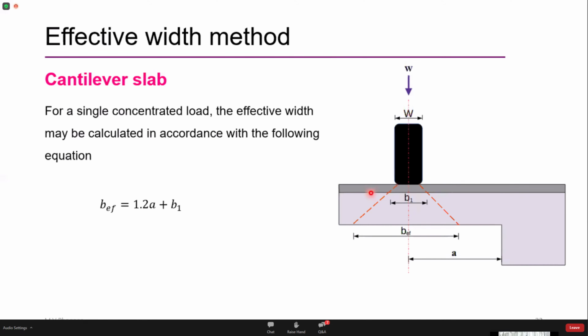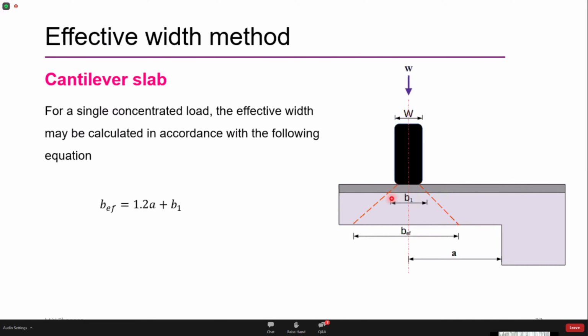So let's try to read this diagram here. I have a slab. I have a wheel that is placed on the deck slab. The darkened portion, let's say that is the wearing coat, and the light portion, what you see below, is the structural slab. When the load is placed on the deck slab, the load is going to disperse through the thickness of the slab.